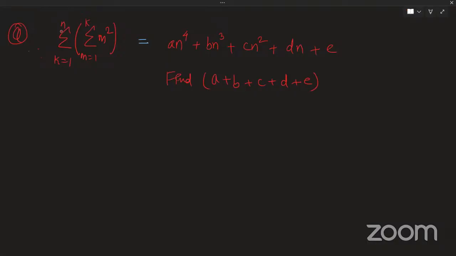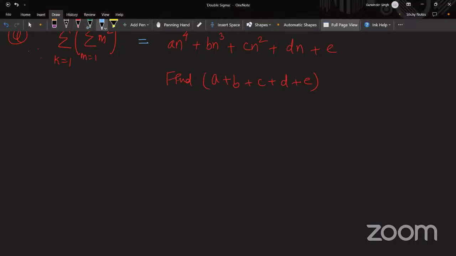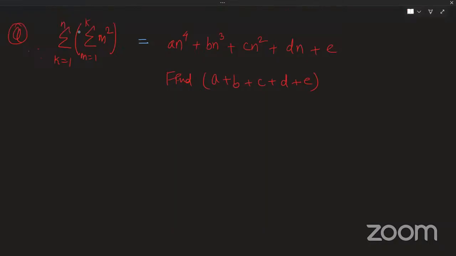First of all, I will find the summation of this thing. After that, I get the answer in this form, and I need to compare the coefficients and tell the value of a plus b plus c plus d plus e. So could you help me find this?